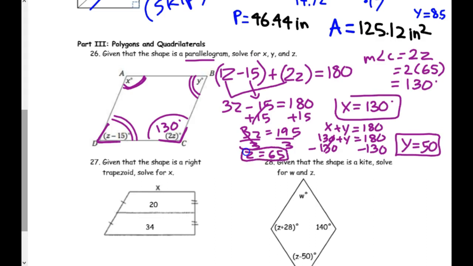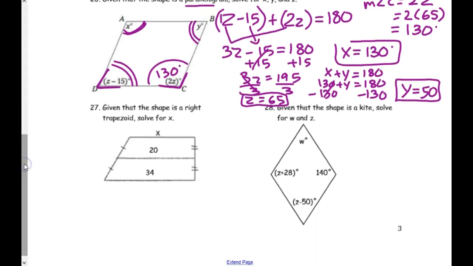Alright. A couple more. Given that the shape is a right trapezoid, solve for X. Now we got to remember the rule for this, when we have this mid-segment from midpoint to midpoint. I know it's a midpoint because of that and because of that, right? That this mid-segment is the average of these two sides, okay?